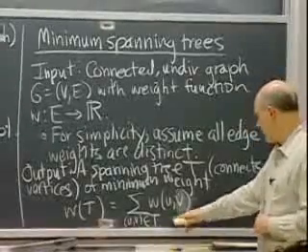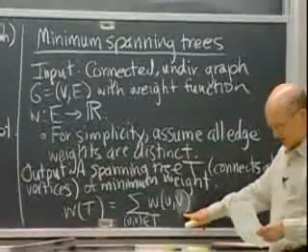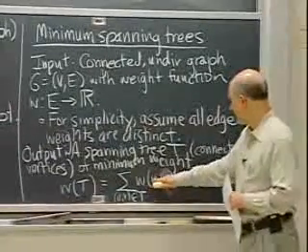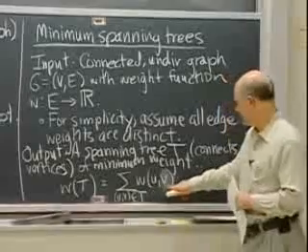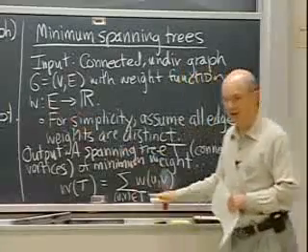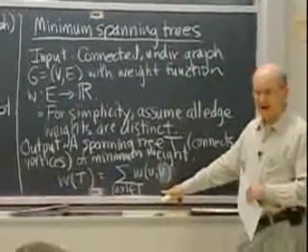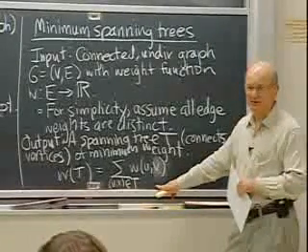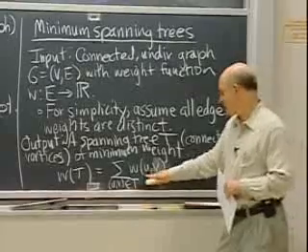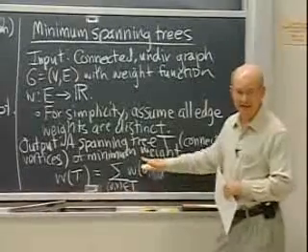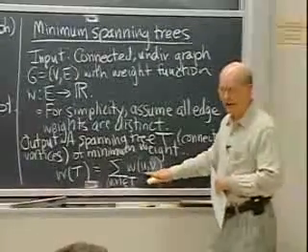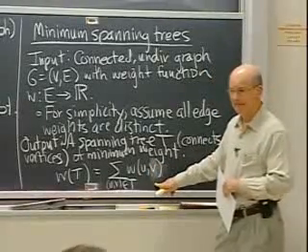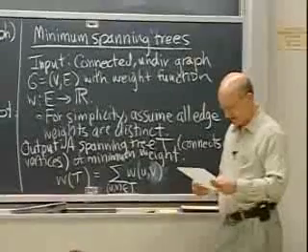Here I've done a little bit of abusive notation, which is that instead of writing, what I should be writing is W of the edge (u, v), because this is a mapping from edges, which would give me double parentheses. And as you know, I love to abuse notation. So I'm going to drop that extra parenthesis because we understand that it's really the weight of the edge, not the weight of the ordered pair.